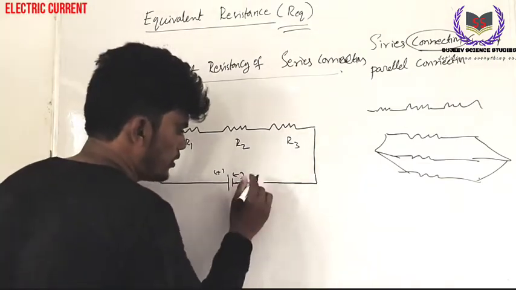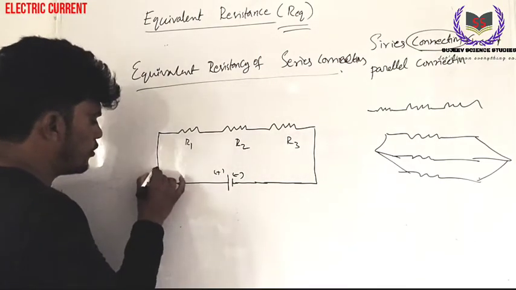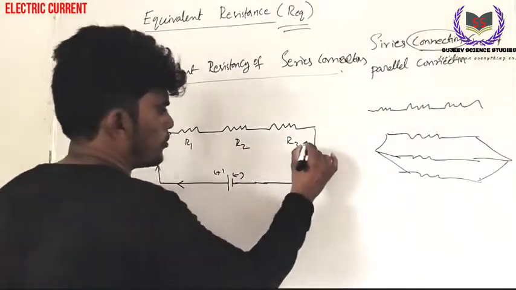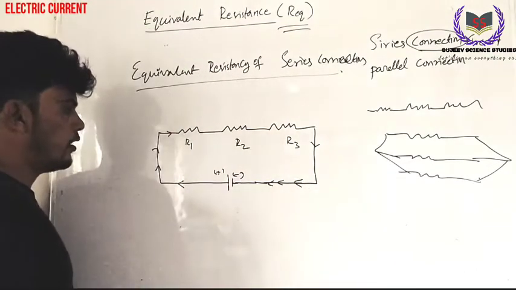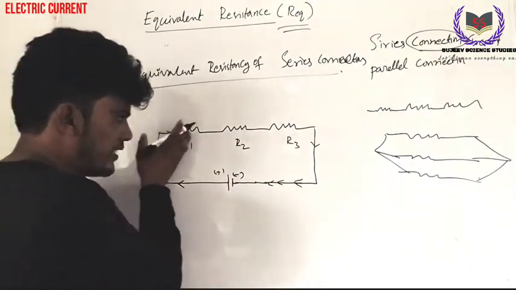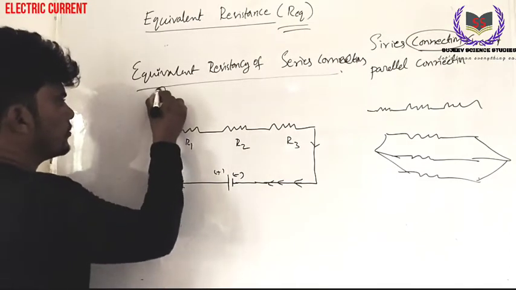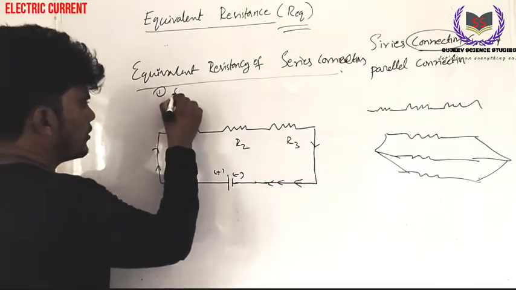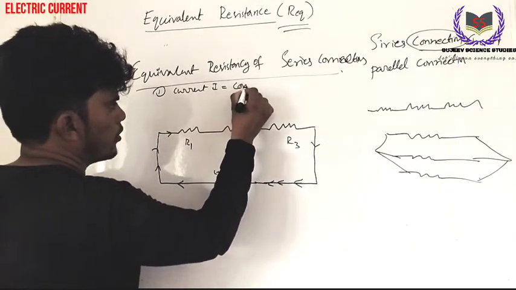Then when I close this circuit, what will happen? Current flows through the circuit from the positive pole to the negative pole of the battery. So the current flows in a single route. So at point 1, the current I is constant.